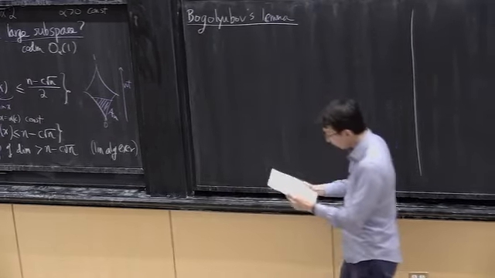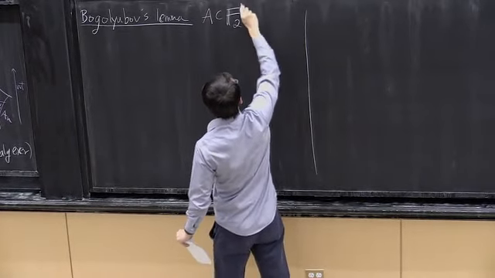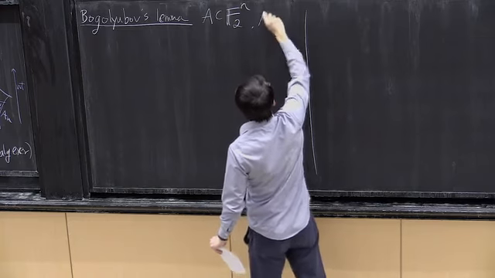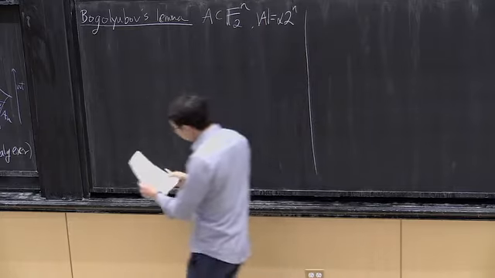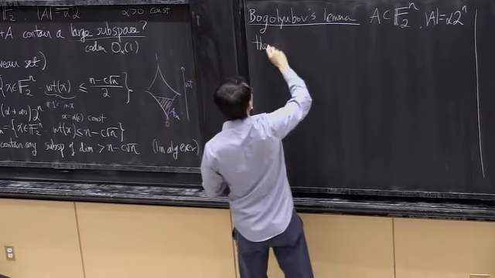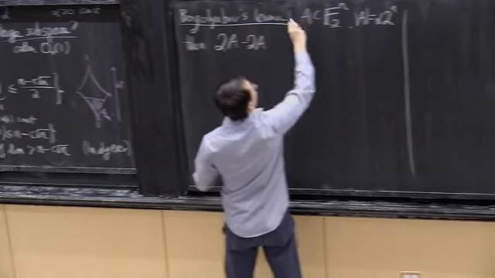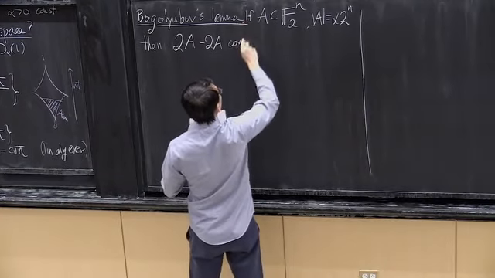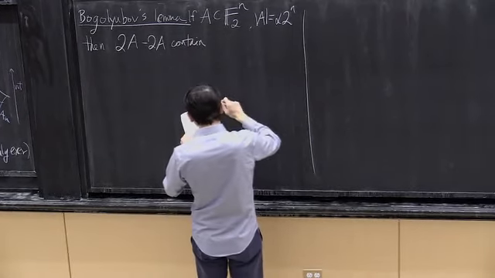Okay. So Bogolyubov's lemma, in the case of F2 to the n, says that if you have a subset A of F2 to the n of fraction alpha of the space, then 2A minus 2A contains a bounded codimensional subspace, so a very large subspace.